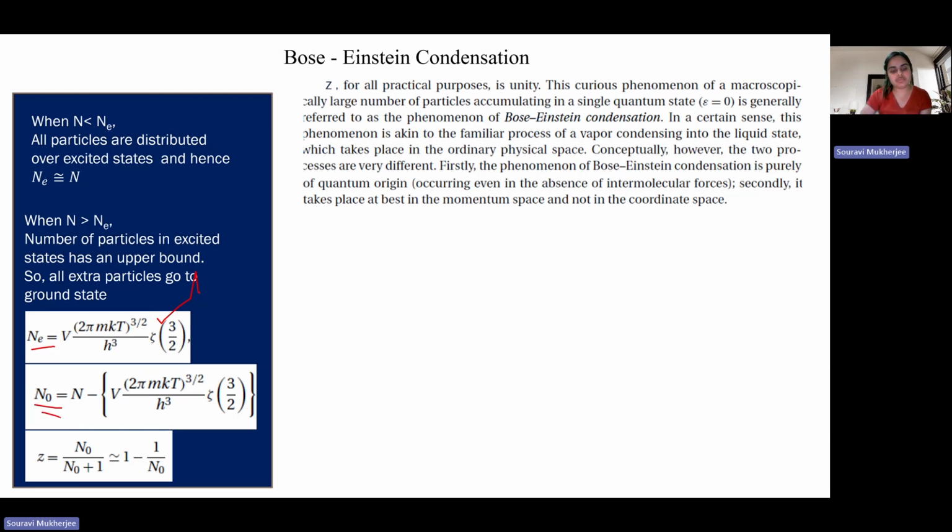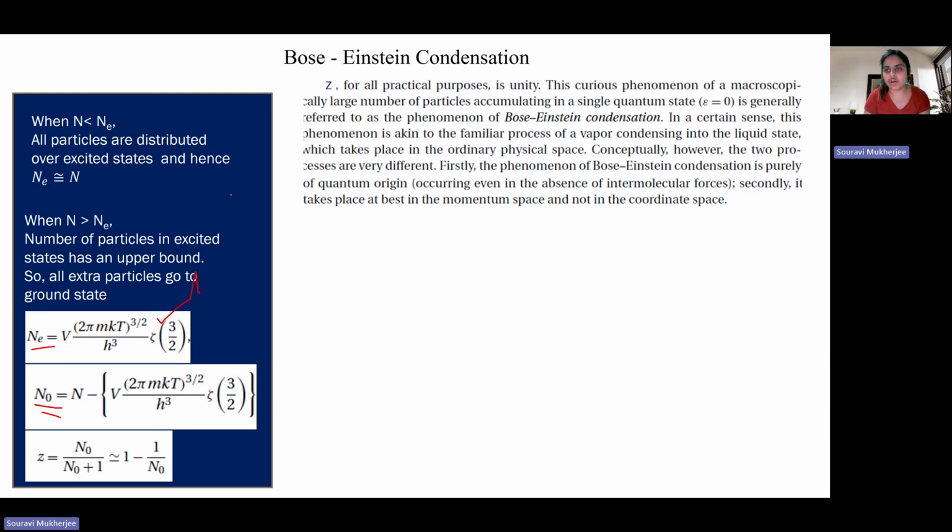Okay. So now, if the total number of particles N keeps on rising beyond the maximum value of Ne, what would happen? All these extra particles would start accumulating in the single particle state epsilon equal to 0. Okay.